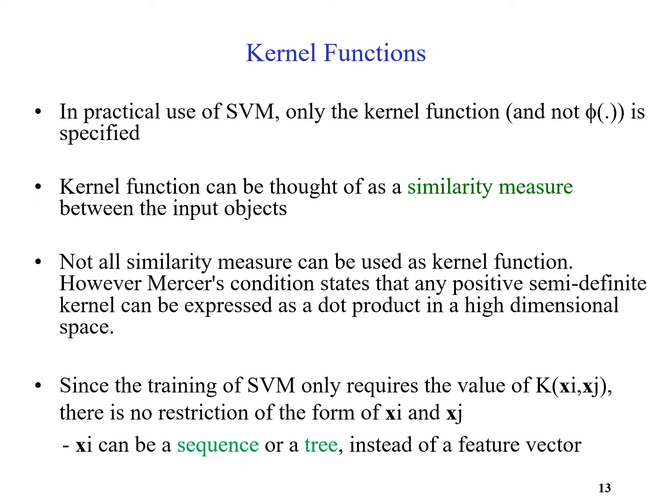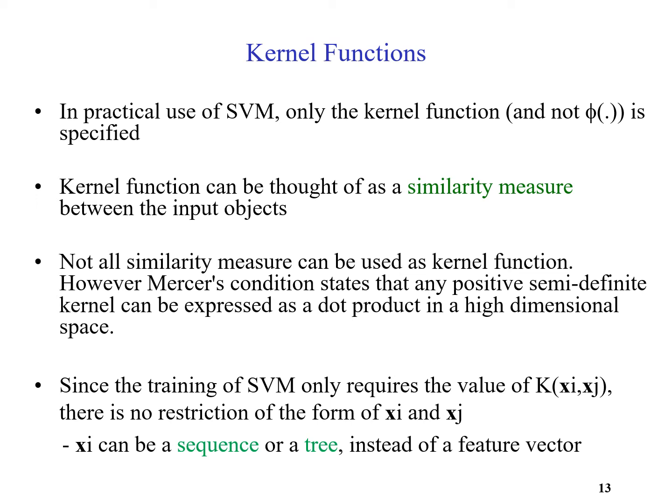Or if you want to come up with a new kernel function on your own, then you have to consider two factors. The first one is that the kernel function has the characteristic of a similarity measure. A kernel function is a kind of similarity measure between two data. The second thing is that not every random function can be a kernel function.